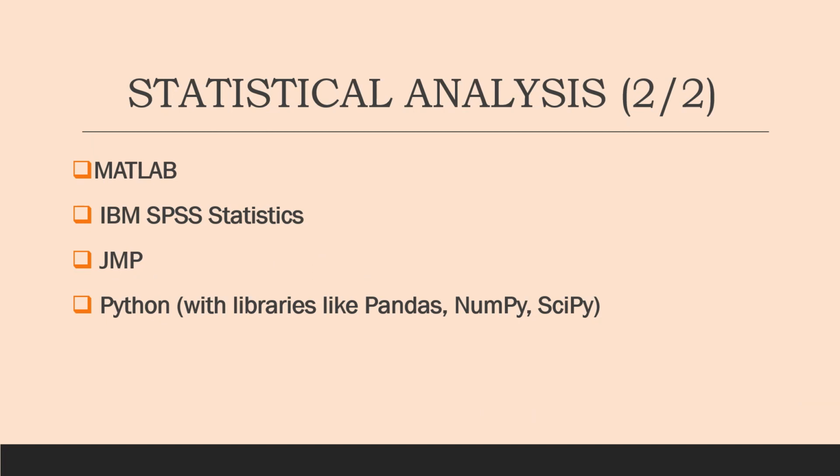JMP is a user-friendly statistical software which focuses on exploratory data analysis, visualization, and predictive modeling. And I know you've heard of Python. Python is a versatile programming language with various libraries dedicated to statistical analysis.